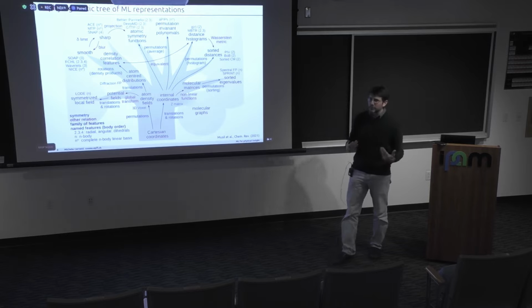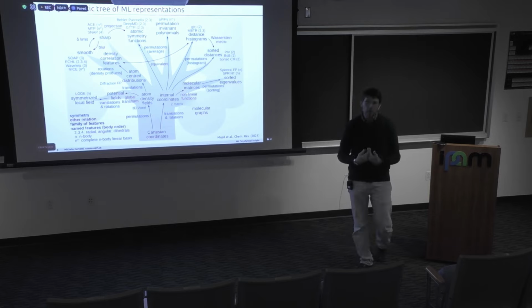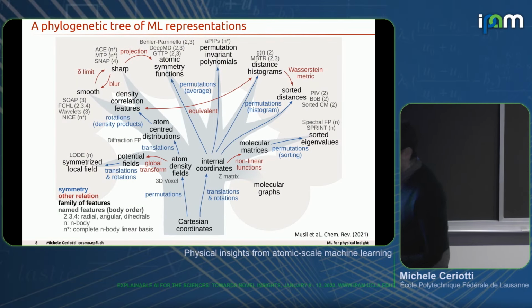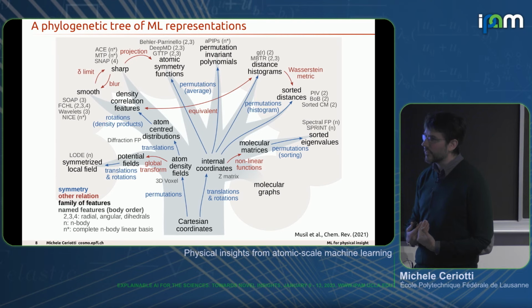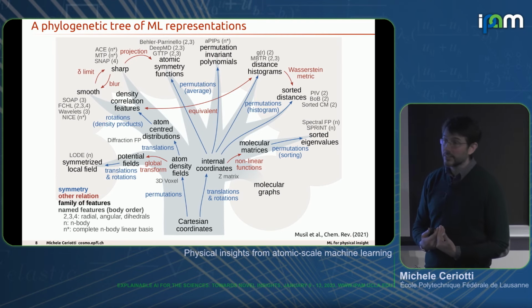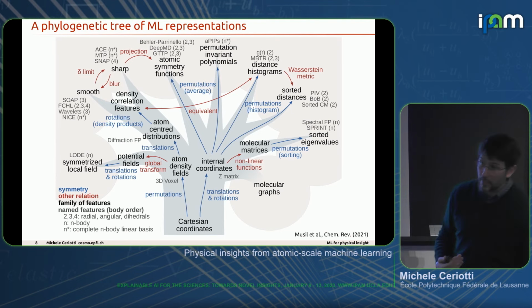Even though there are all of these requirements that in principle constrain the design space of possible models, people have been incredibly creative. If you look at the past 10 or 15 years, you will probably find at least a couple of hundred alternative frameworks to do this mapping of a chemical structure into a set of features.